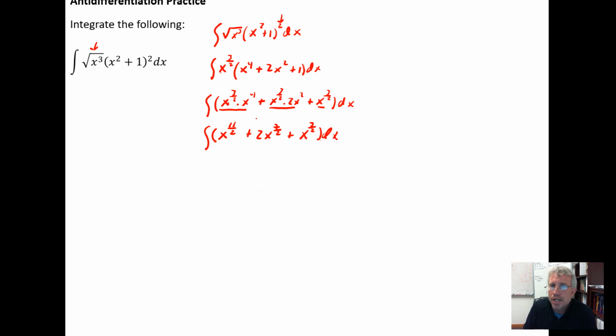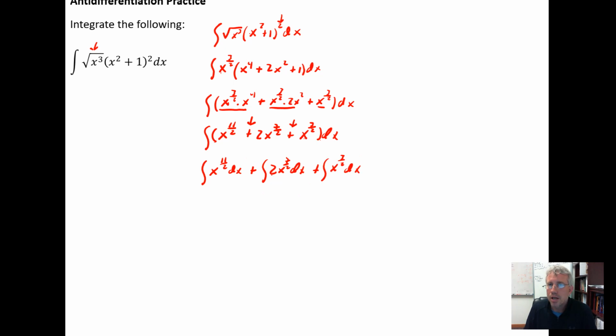And then I notice that I have the integral of a sum of 3 terms. So I can break it into the individual terms. So I get the integral of x to the 11 halves dx plus the integral of 2 times x to the 7 halves dx plus the integral of x to the 3 halves dx.